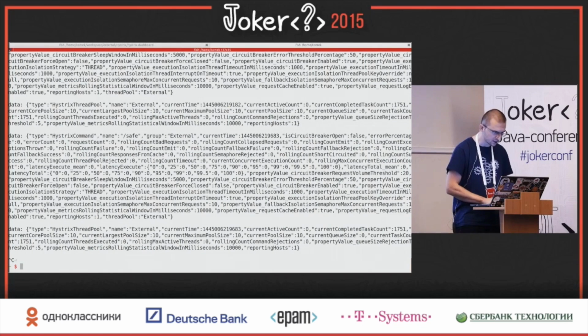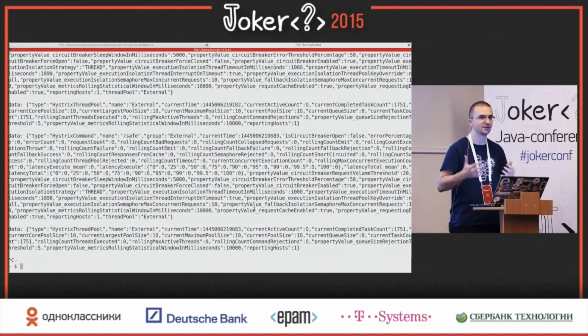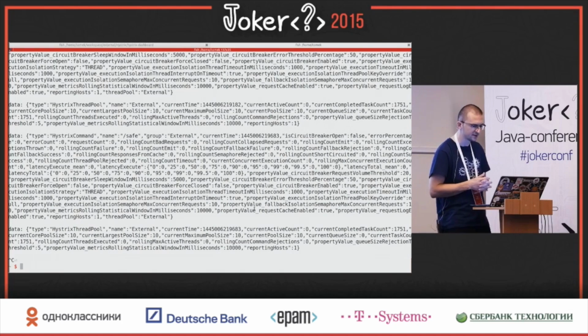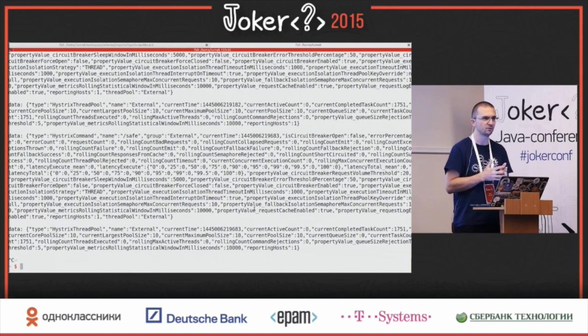However, you do see information like circuit breaker force open or the circuit breaker state. Quite a lot of data. You can actually go through it and see what it provides. All the statistics that you would ever want to have from Hystrix are here in this JSON. So it's relatively simple to build some sort of a dashboard, and I'm going to answer your question from the very beginning about WebLogic in a second.